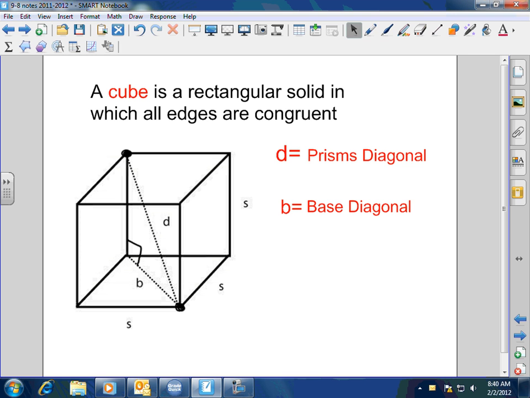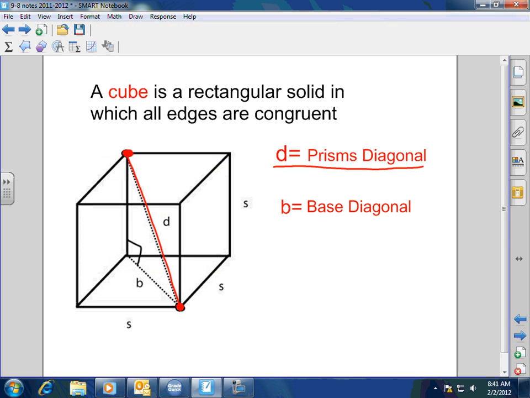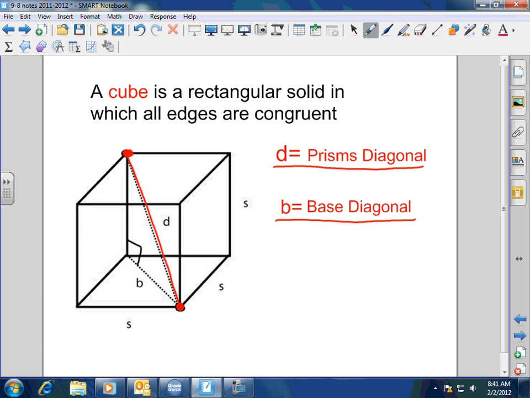So again, D, which is the prism diagonal, goes from one of the corners through the center to the opposite corner. When you connect that with the base diagonal, you create a right angle with that common edge.